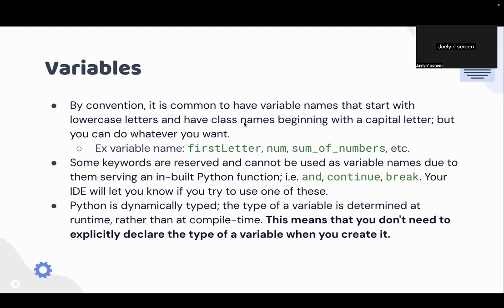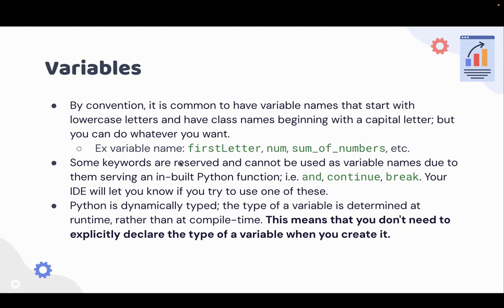So there are some rules for making variables. By convention, it is common to have variable names start with lowercase letters and class names begin with a capital letter. I will introduce more about class names later, but actually you can do whatever you want. If you're making a variable, you can use an uppercase letter to divide it into two words, or an underscore between them.